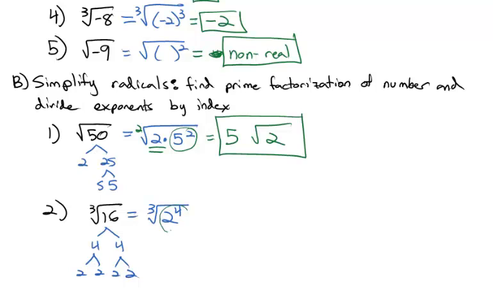Now, when we take that exponent of 4 and divide by the index, we get a 1 with a remainder of 1. That 1 tells us a single 2 is going to move out, and the remainder of 1 tells us a single 2 remains inside the radical. Keep the index on the problem, and we have 2 times the cube root of 2.